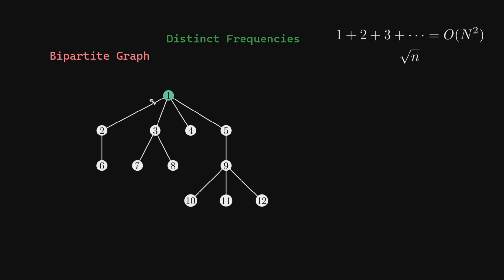So for example, a beginner, if they are attempting this problem, they can say that since a tree is a bipartite graph, that means you can divide it into two sets. One set is colored white and one set is colored black, such that there are no edges between nodes in the same color.